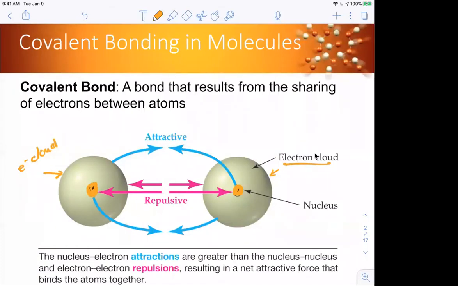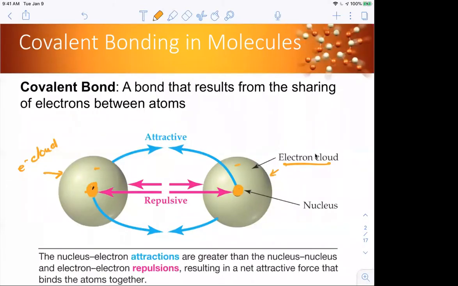And I'm going to form a bond when the attractions between the nucleus and electrons are greater than the repulsions between the nucleus and the electrons. Remember, like charges repel, opposite charges attract. So if I have a positively charged nucleus and negatively charged electrons, those electron clouds are going to be trying to repel each other.